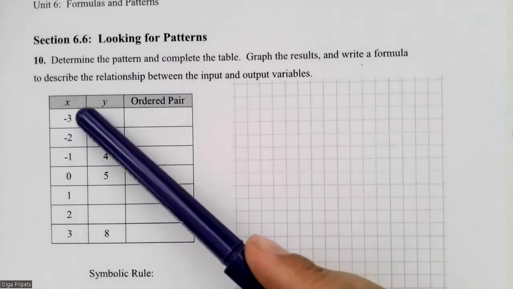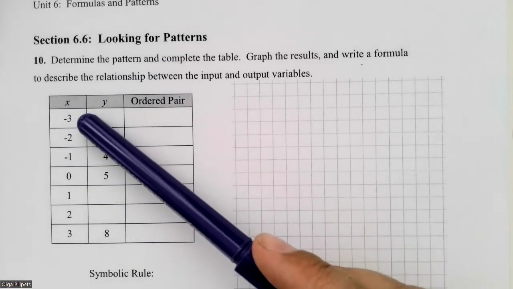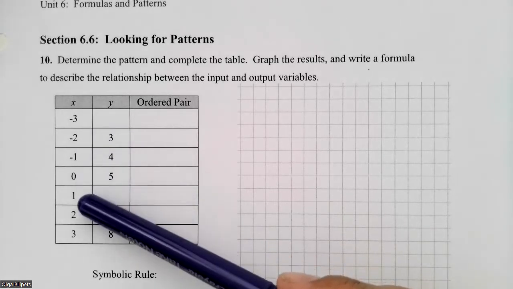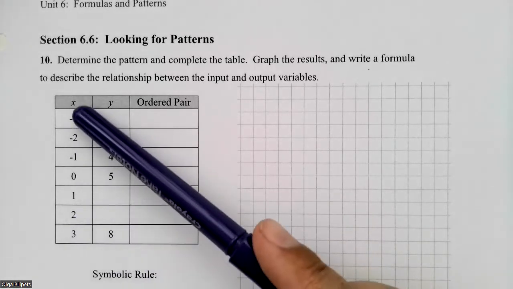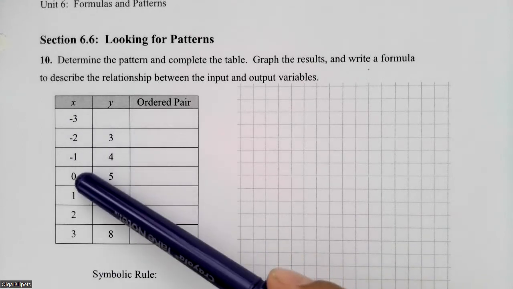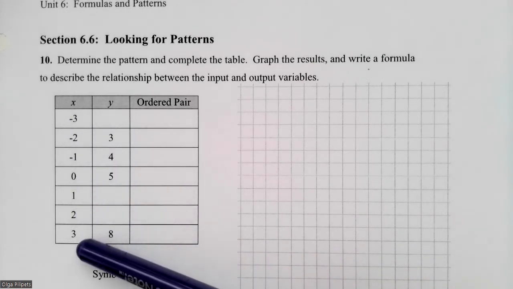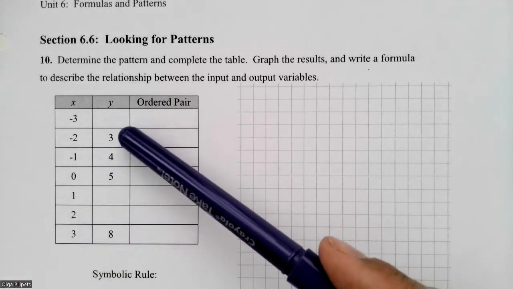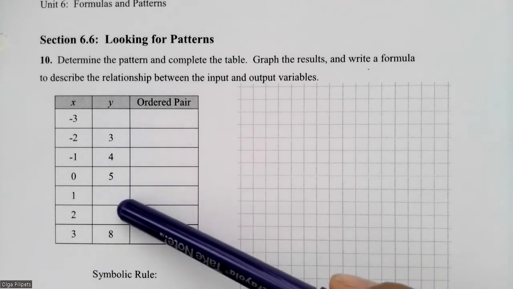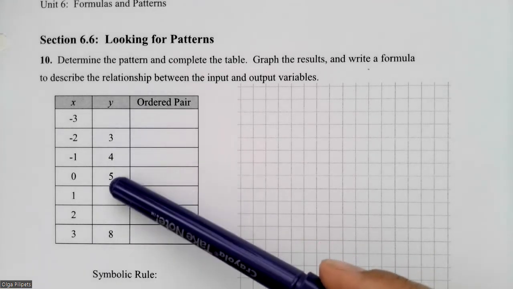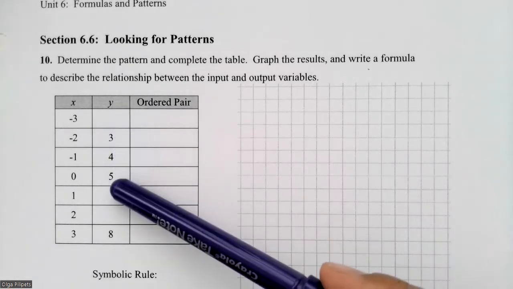If I look at the X, I have -3, -2, -1, 0, 1, 2, 3. So it looks like my X values are increasing by 1. Now for Y, some values are missing, but for the ones that I have in a row, I have 3, 4, 5.